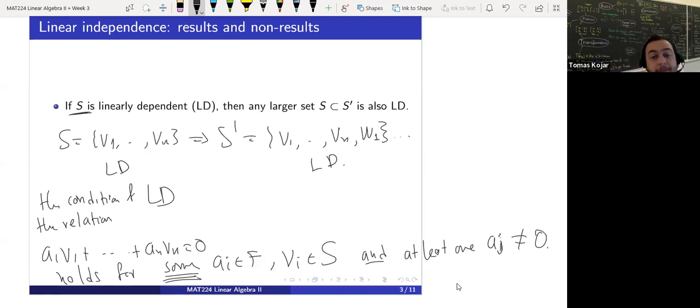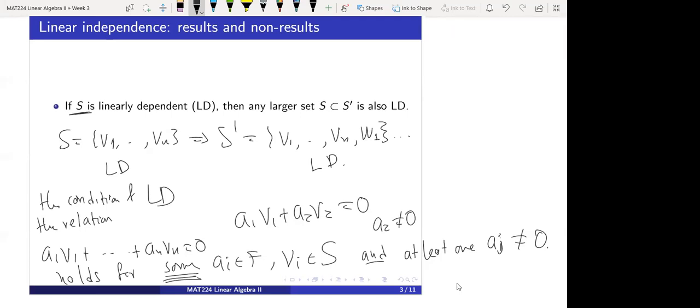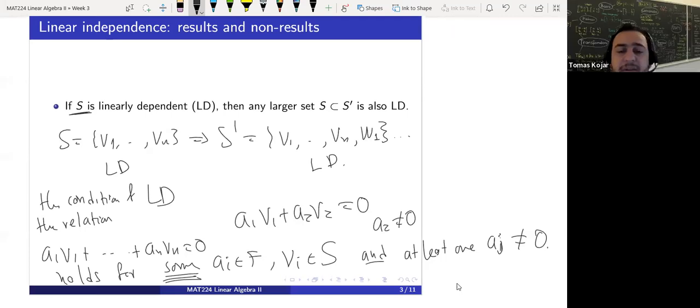But it's for some of them. You don't have to do it for all of them. I wrote it like this, but even if you just had A1 V1 plus A2 V2 equaling 0, for A2, let's say, not 0, then you still have linear dependence, even though you only look at a subset of the vectors.